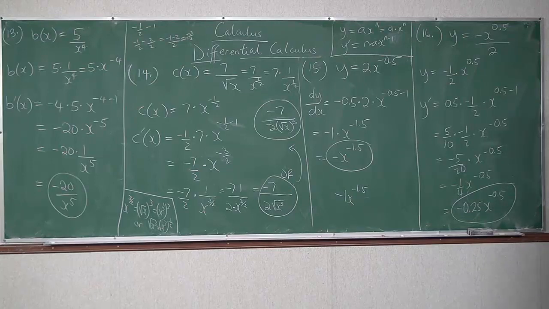If you want, you can also say negative 0.25 over x exponent 0.5. That's okay with me. Does that make sense? Do you understand?